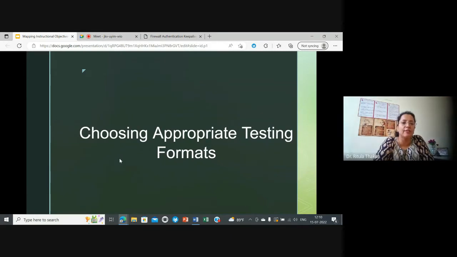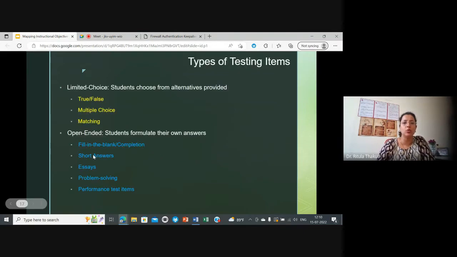So once we have understood what the course outcomes and learning outcomes are, now let us first understand how to write these test formats, and then we will align these test items with our course outcomes. So first, we have to understand what the types of these test items are. So there are basically two types. One is the limited choice, the second is the open-ended.